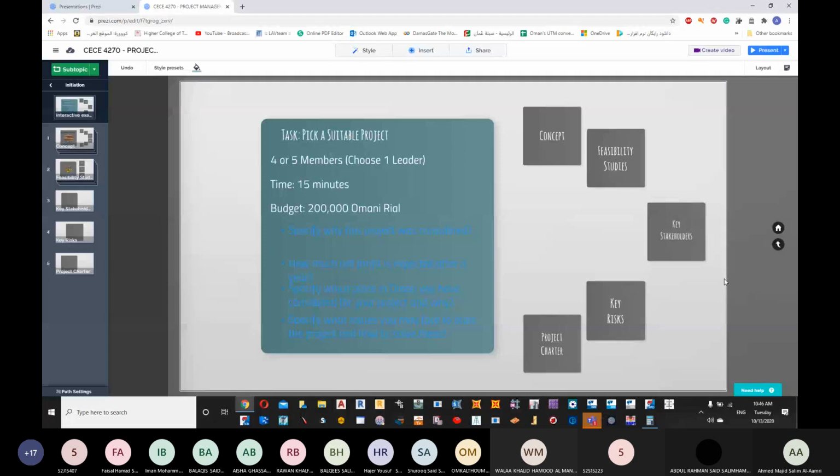The same thing for the risks, where it asks what issues you may face. So to answer this particular question, you need to try to see what the possible risks are. How would you try to know the risks? For example, I was planning to open a restaurant.